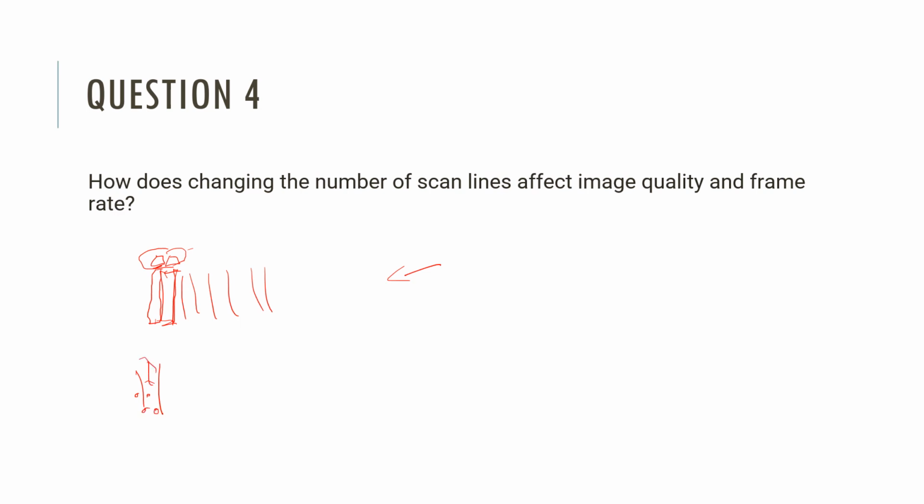But if there are two points at the exact same distance inside the ultrasound beam, we're going to return a single signal, which shows a poorer lateral resolution, where we would have imaged those as separate points if the scan lines were smaller.